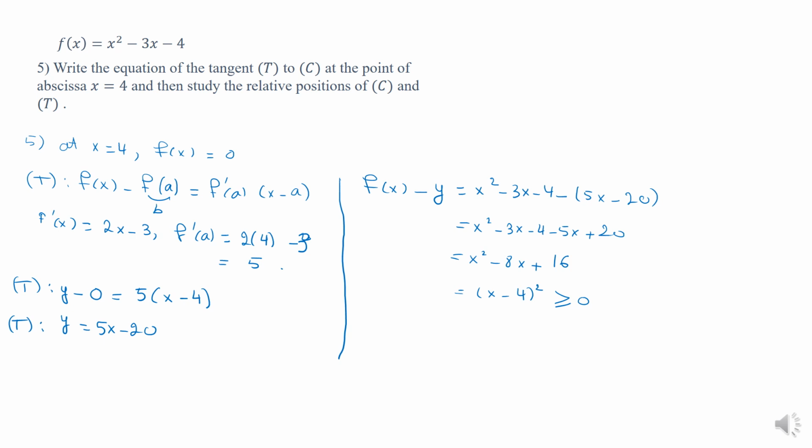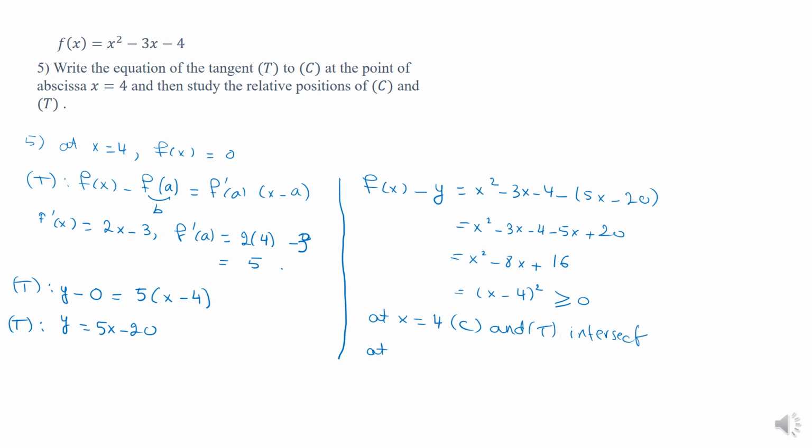The curve C, the graph of f of x, is always above the tangent T, except at x equals 4, where C and T intersect.